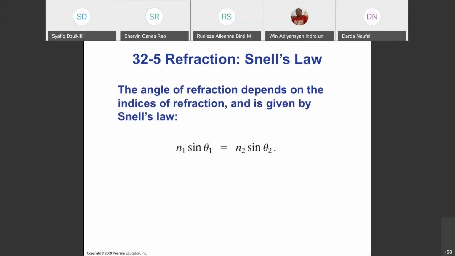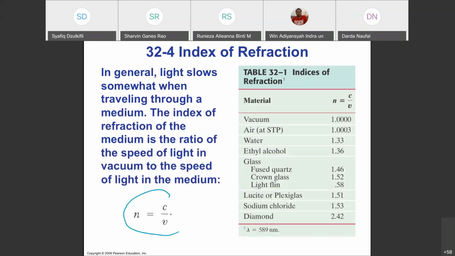Okay, this is the law of refraction. n is the index of refraction of the medium. This is the formula of n: c over v. c is the speed of light, right? Which is 3 times 10 to the power of 8 meters per second.